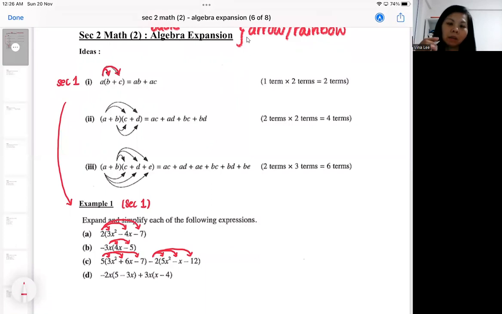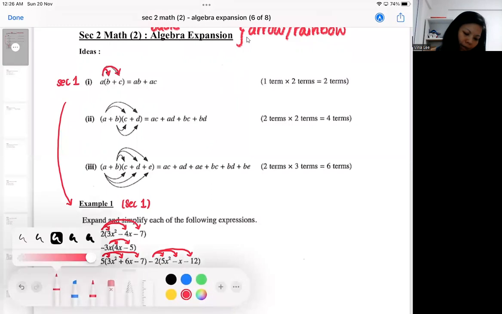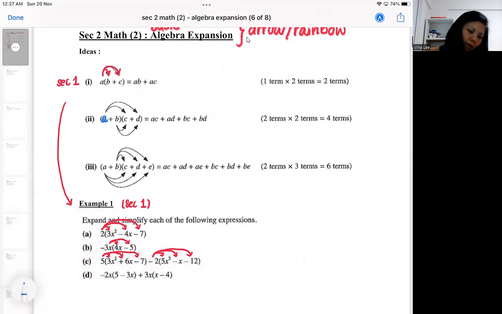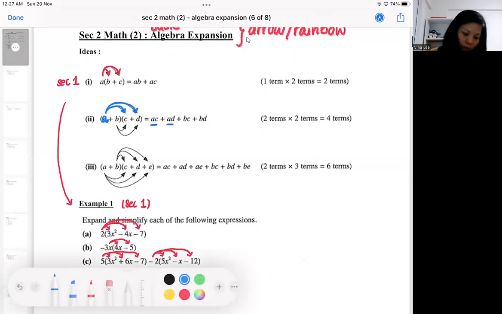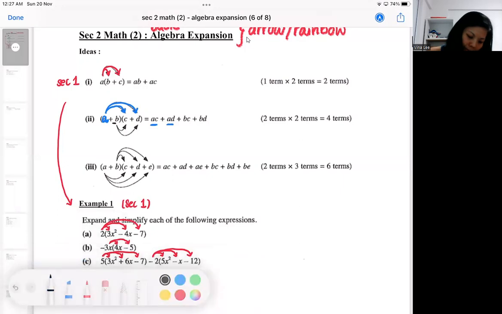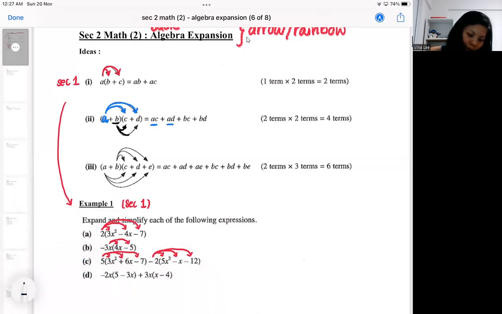In Set 2, we are going to learn the expansion where you got double brackets. When you got double brackets, you take turns. You use the first one and multiply it to the second bracket, then you use the second one and multiply it to the bracket. In each bracket there are 2 terms, so after the arrow method you end up having 4 terms.